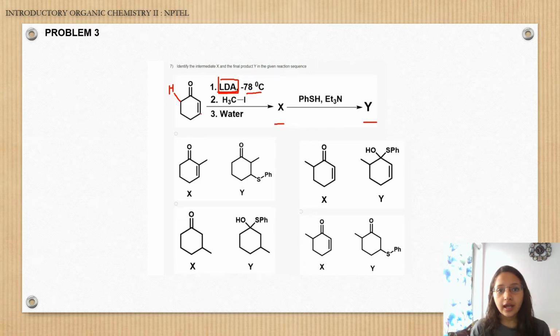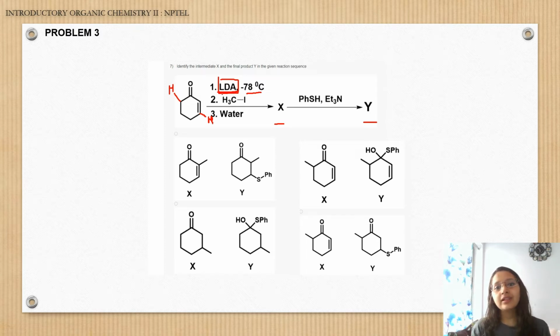Now this hydrogen is also acidic, but will a carbanion at this position be stabilized? No, because the carbanion is generated at an sp2 center. So it is not that much stabilized compared to this conjugationally stabilized carbanion.